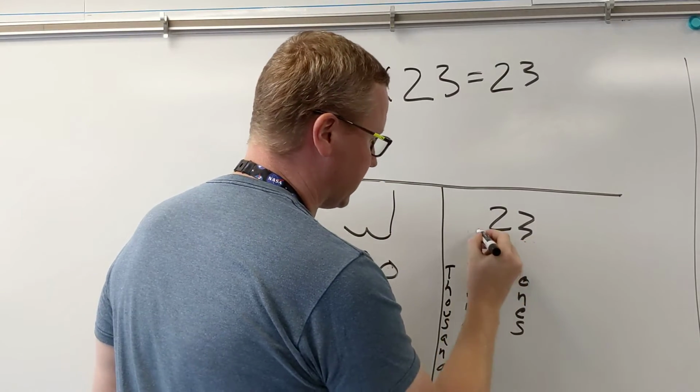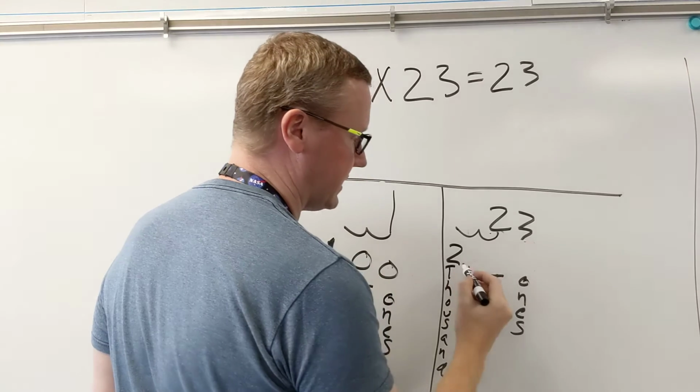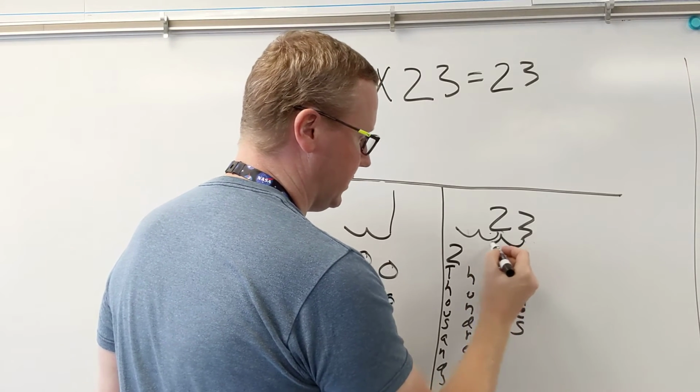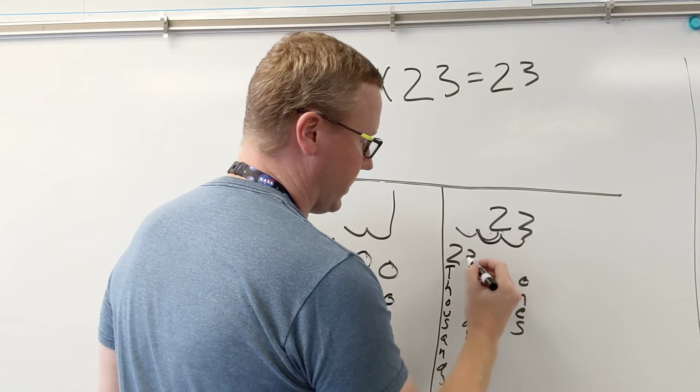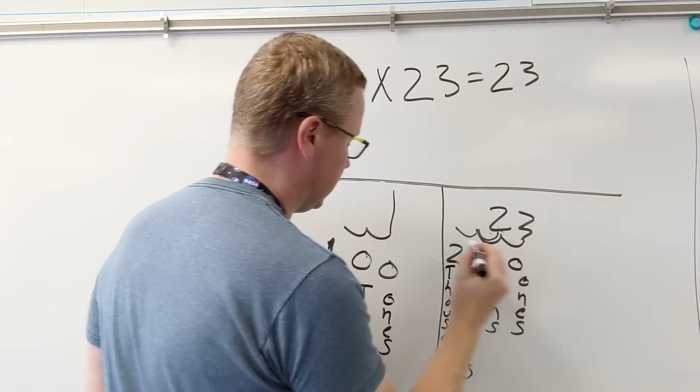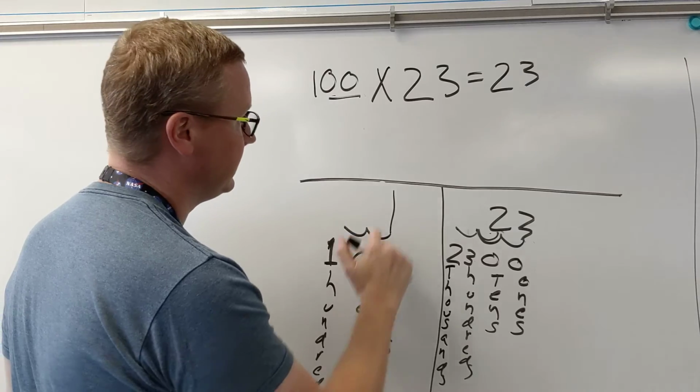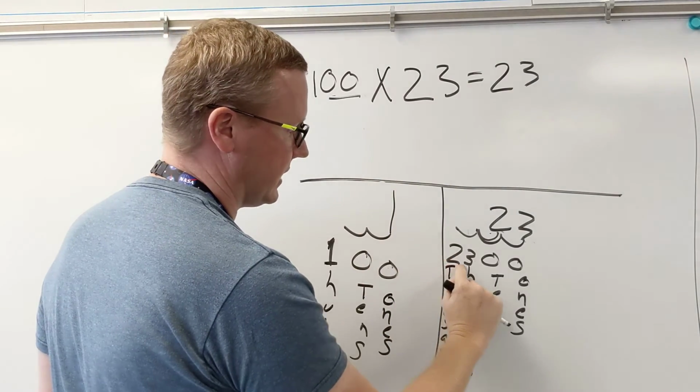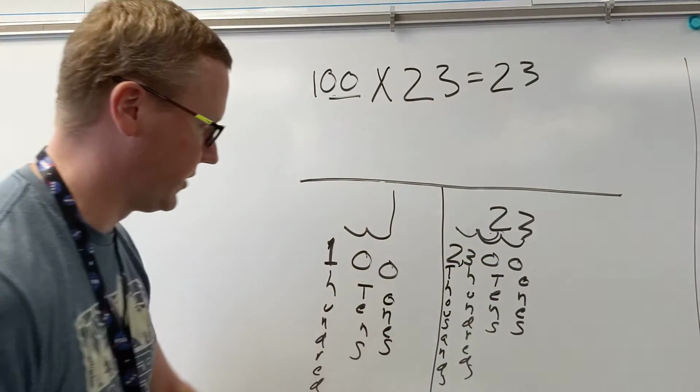I got to move this one over 2 spots to the 2000s. This one over 2 spots to the 100s, and I have to add my 2 zeros. So 100 times 23 is 2,300.